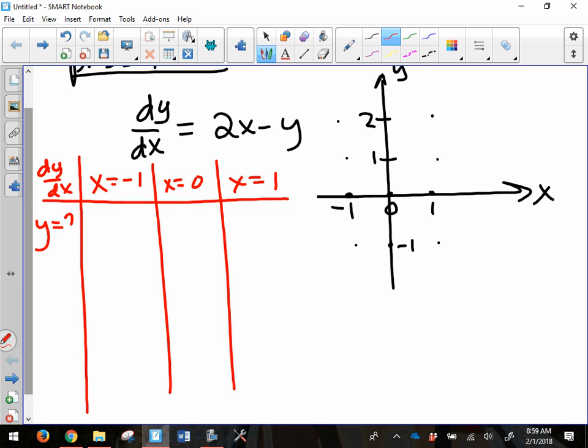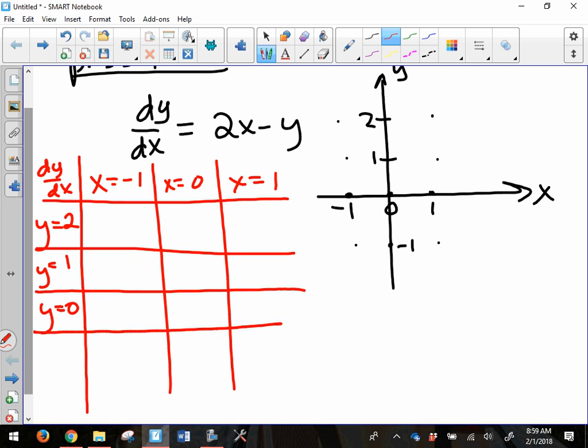This would probably be best if we let that be y equals 2, y equals 1, y equals 0, and y equals -1. Okay, and so we take each set of coordinates, x and y values, and we substitute it into our formula up here, and that gives us what our slope is.